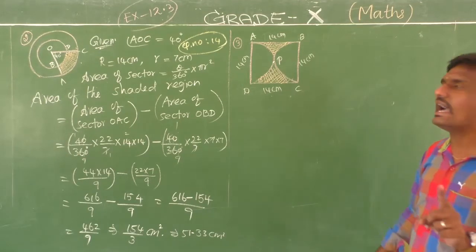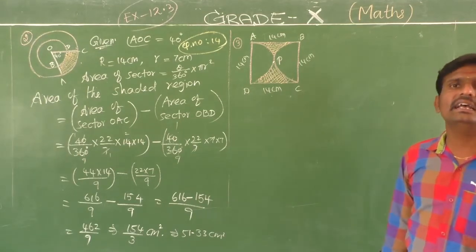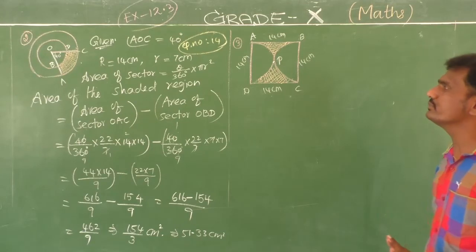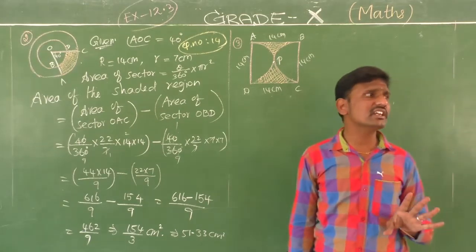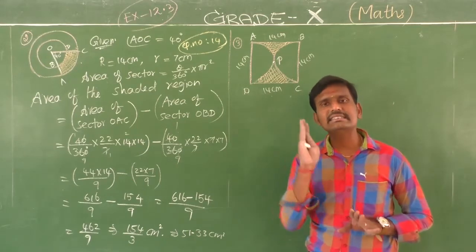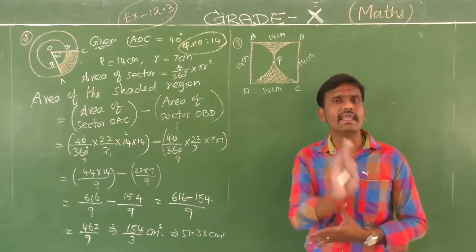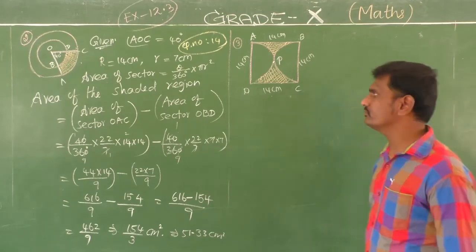Now what are they? We have one square. The side of the square is 14. And 2 semicircles you have. Both semicircles have the same equal diameter. Yes? Okay.